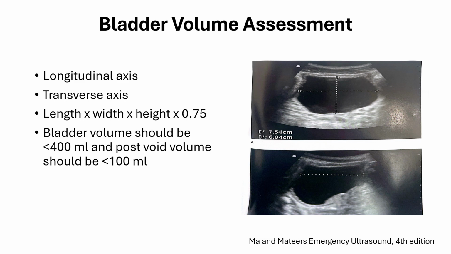So you multiply length by width by height times 0.75, and you get your estimated bladder volume. Bladder volume should be less than 400 cc's, and post-void volume should be less than 100 cc's. Please take a moment to review this slide.